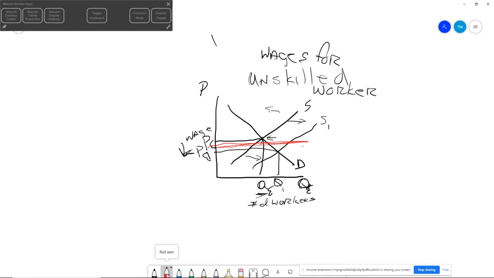Now, if it goes to here, the number of workers goes to here. They may want more people to work, but you're not going to work. The price goes down. Now, the minimum wage is non-binding if the wage is below the minimum wage.